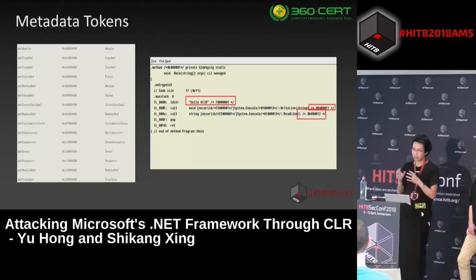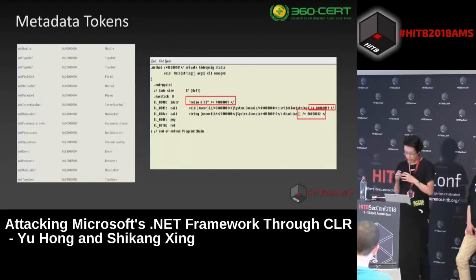If you write the method in C# or as a high-level language, compiling the PE file, the other rows will fall in the metadata token and MSIL portion.